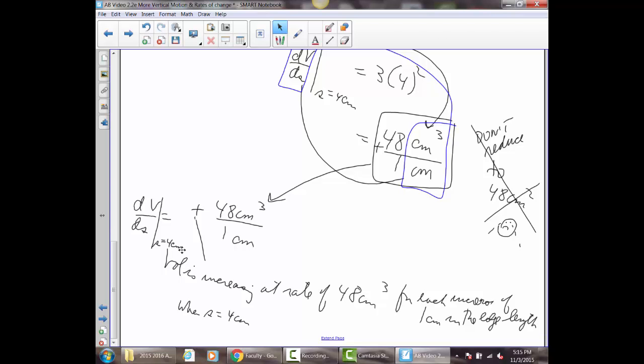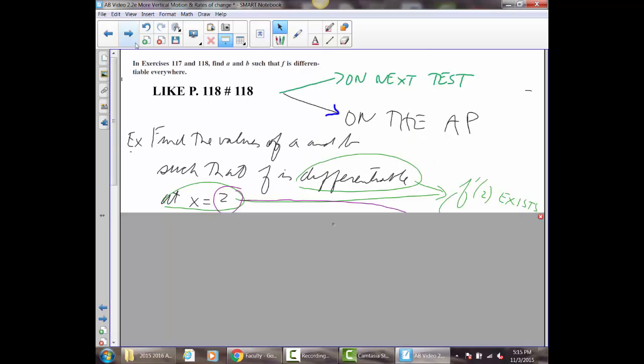At another moment, it might be a different number altogether. But at that moment, as you move from 4 centimeters to 5 centimeters in your edge length, the change in your volume is an increase of 48 centimeters cubed. Okay, so do not cancel those, and make sure you have those units of measure.